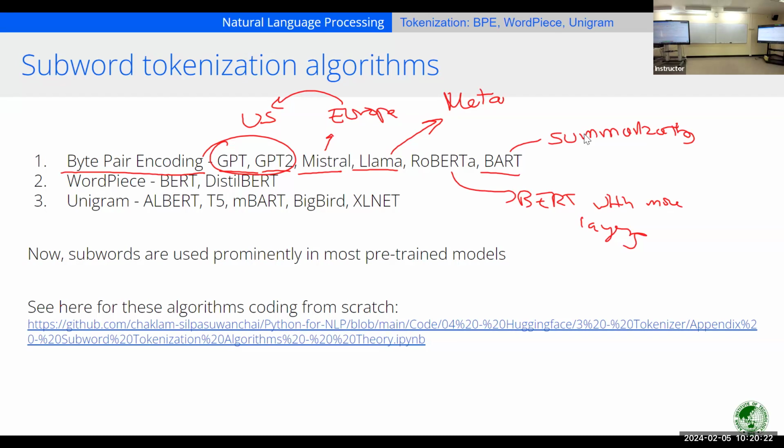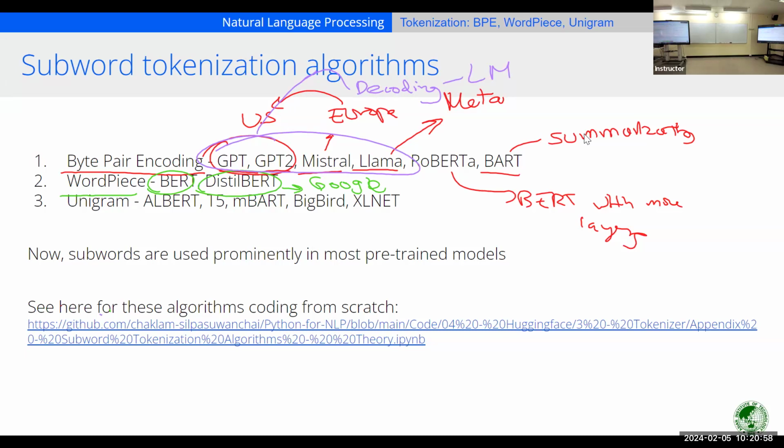How about WordPiece? WordPiece is by BERT, and this is still BERT. They are by Google. And just to give you an idea, because you still haven't learned yet, all of these are decoding models, they are language models.